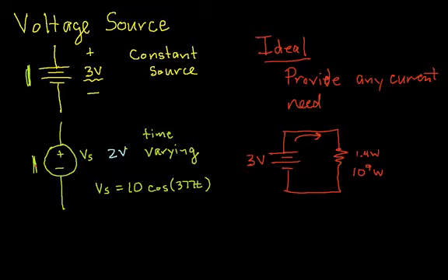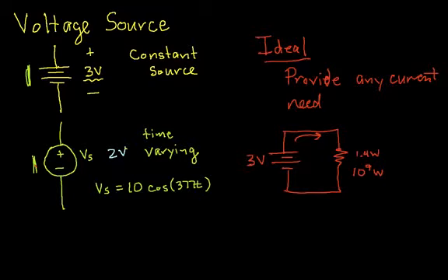If you live in a house where you have electric power, quite often you'll think of the wall outlet as an ideal voltage source. And real sources are not ideal. Typically, the voltage supplied by the source tends to drop as you increase the current. So again, if you've for example got a battery, there's no way it's going to provide you 1 billion watts.